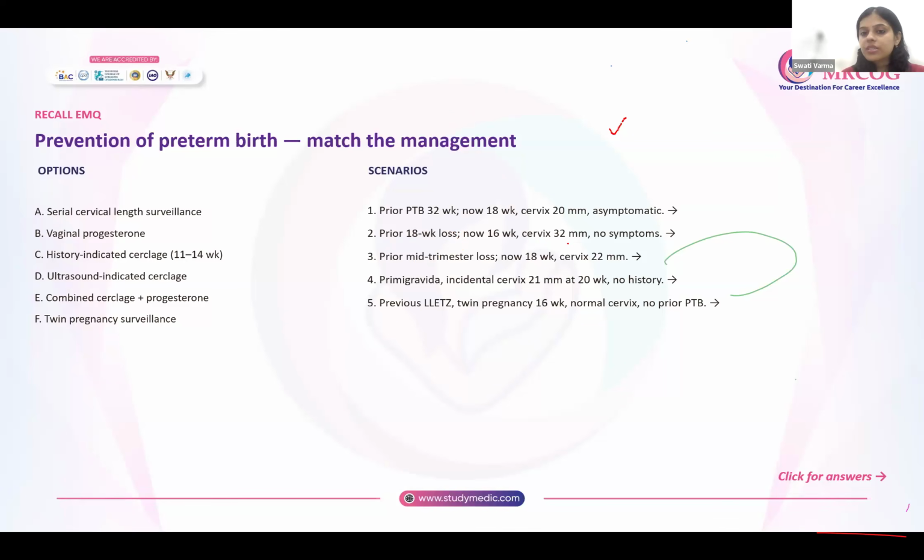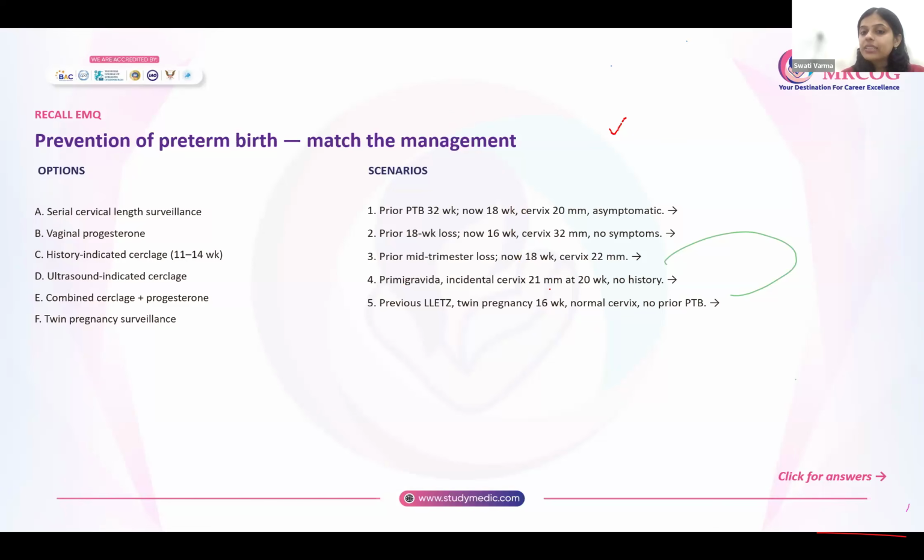Now cervix is okay, but we should continue keeping her in surveillance. So most probable option is serial cervical length surveillance. Third, prior mid-trimester loss, now 18 weeks, cervix short. Here again, ultrasound indicated cerclage should be the preferred option because it is quite similar to the first question.